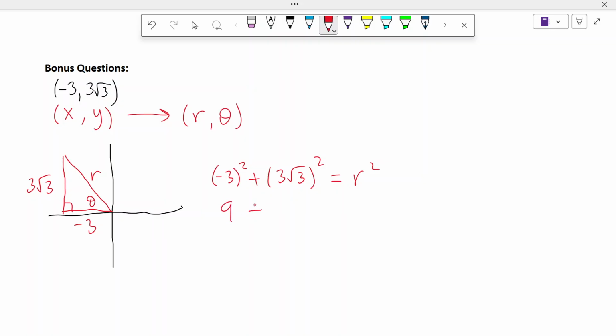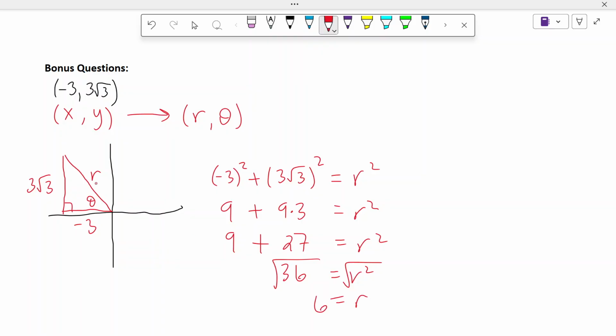This is 3 squared, which is 9, but the root 3 squared is just a normal 3, and so together the 9 and the 27 make 36. Oh, look, how nice. Square root both sides. The radius is 6. I wonder if the angle is nice.